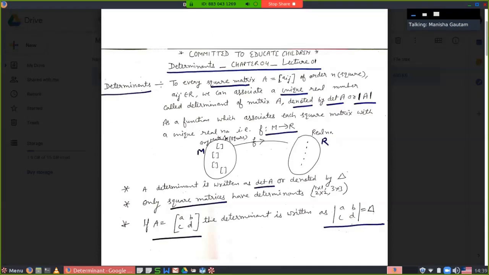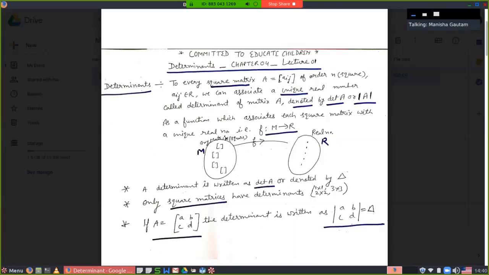You can only find the determinant of square matrices. Each and every square matrix is mapped to a unique real number, and that unique real number is known as the determinant of that matrix.